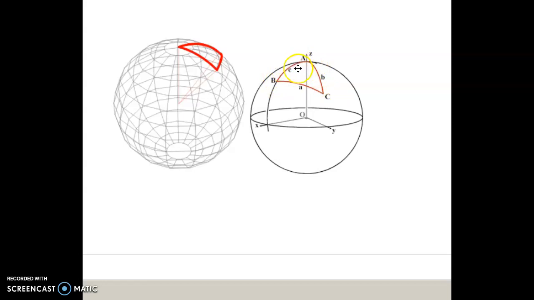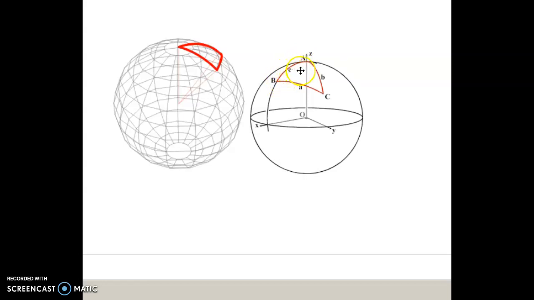Another angle is the big A. What does that define? It defines the difference in longitude from C to B. Let's assume the longitude of New York is 70, and Washington is 130 west of Greenwich.